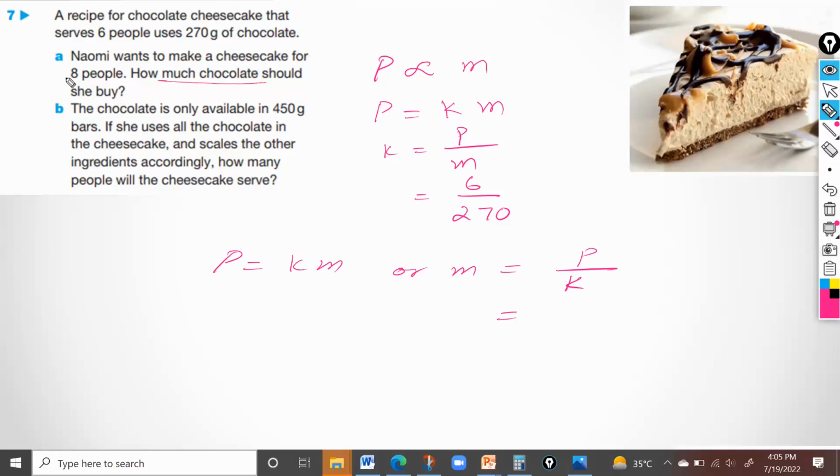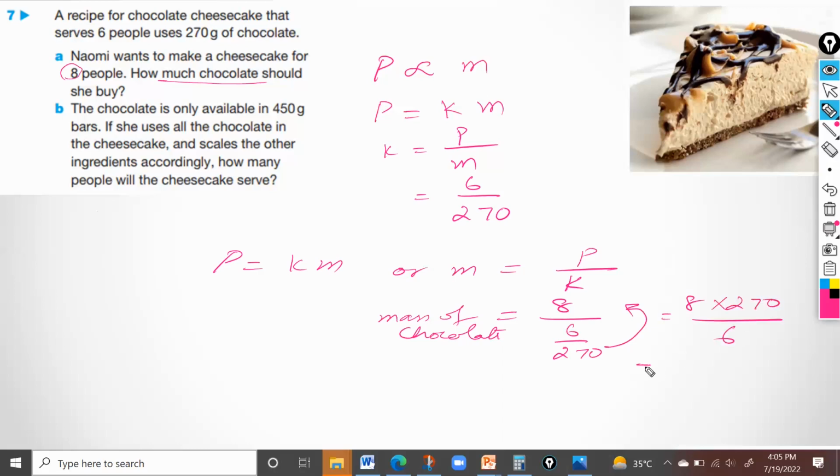Okay, and we have 8 people now. So I write here mass of chocolate I need, people are 8, okay, and divided by 6 upon 270. 6 upon 270 means 6 to 270 will go up, and we get here 8 times 270 divided by 6.